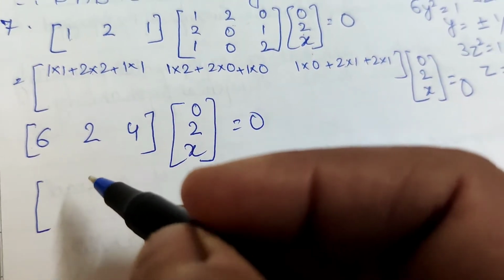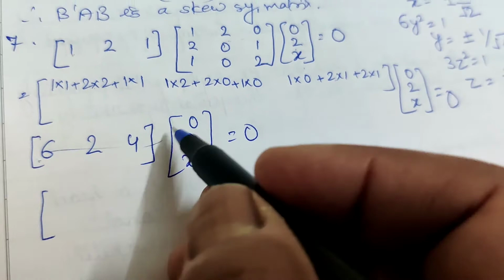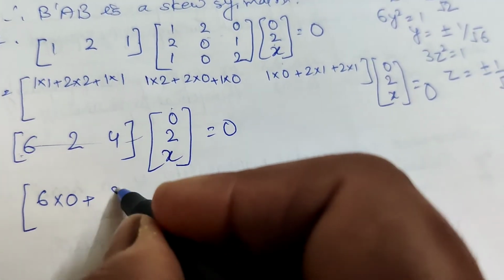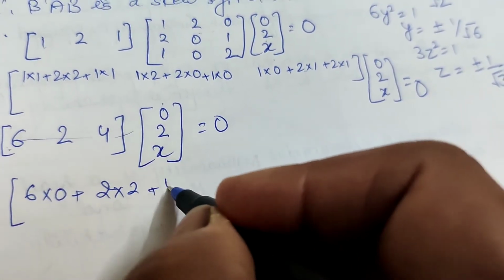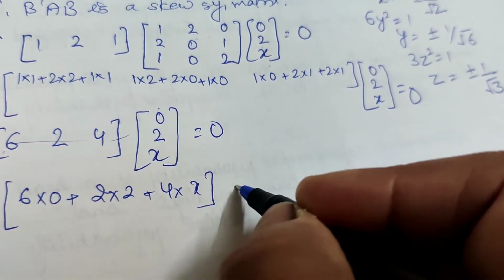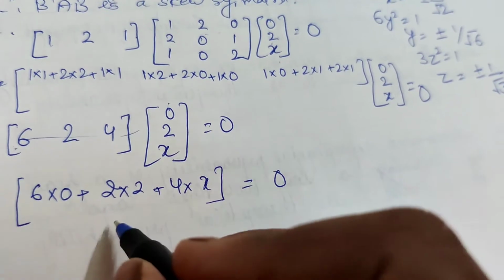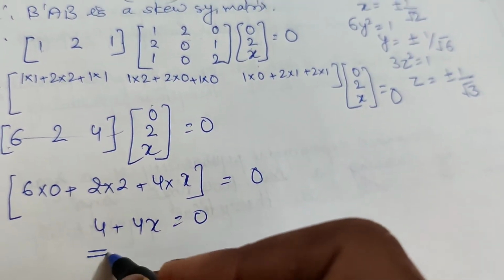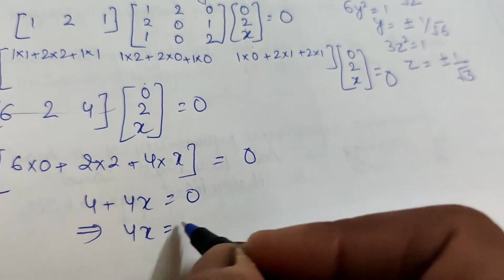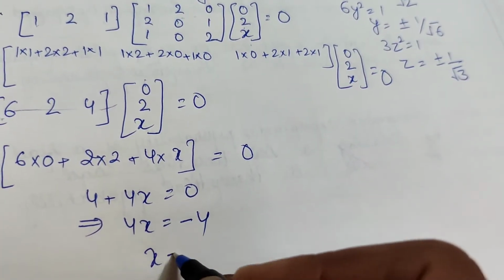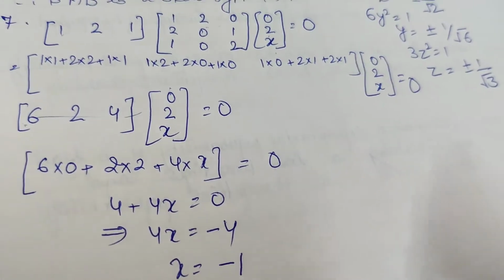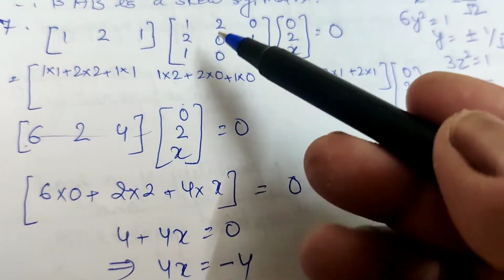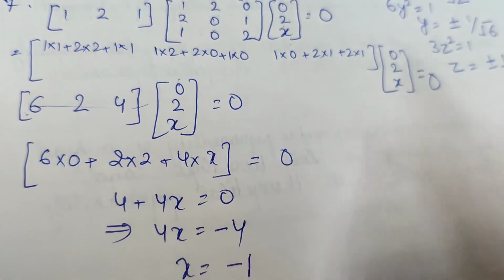First row, first column, this equal to 0. 6 into 0, 2 into 2 plus 4 into x equal to 0. It means 4 plus 4x equal to 0. 4x equal to minus 4. It means x equal to minus 1. Just simple multiplication. पहले फर्स्ट टू मैट्रिक्स किए, फिर जो आंसर आया उसका थर्ड वन से.